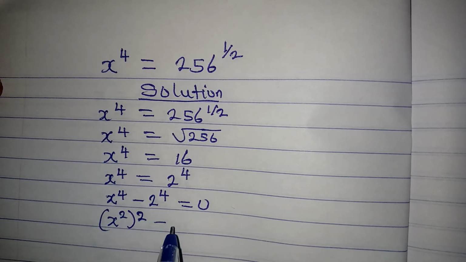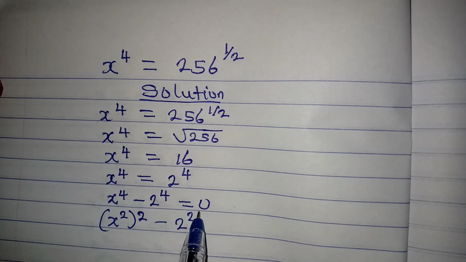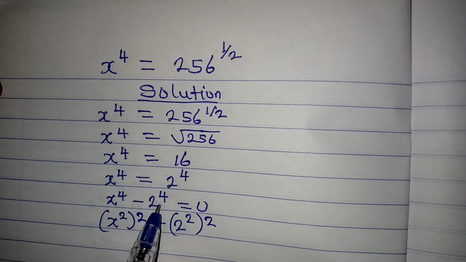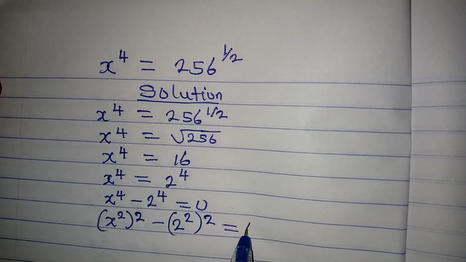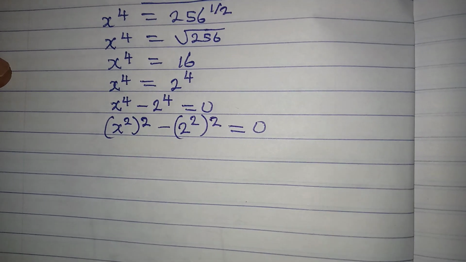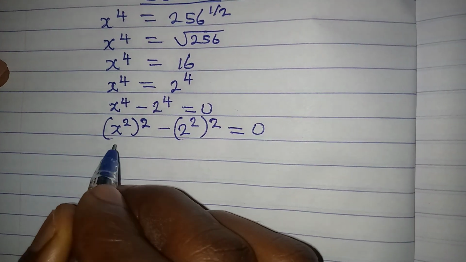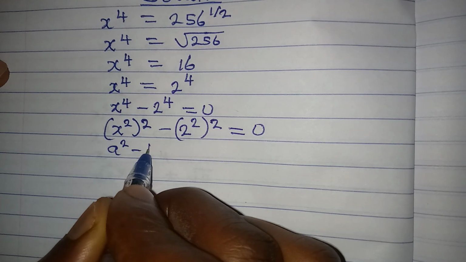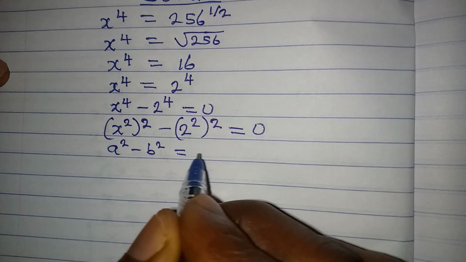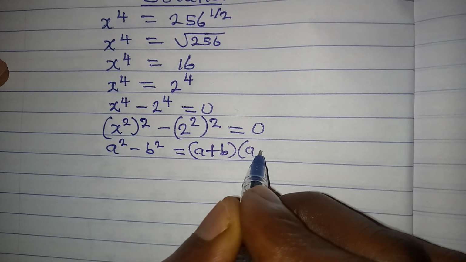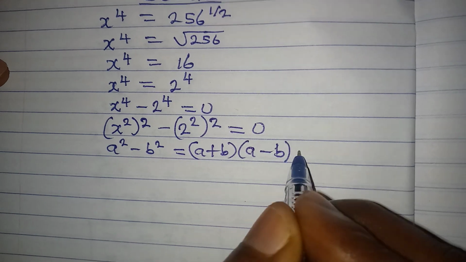Then minus 2 to the power of 2 to the power of 2, which is the same thing as 2 to the power of 4, and then everything equals 0. And from here, we can apply difference of two squares. If we have a squared minus b squared, this will be the same thing as a plus b into a minus b.